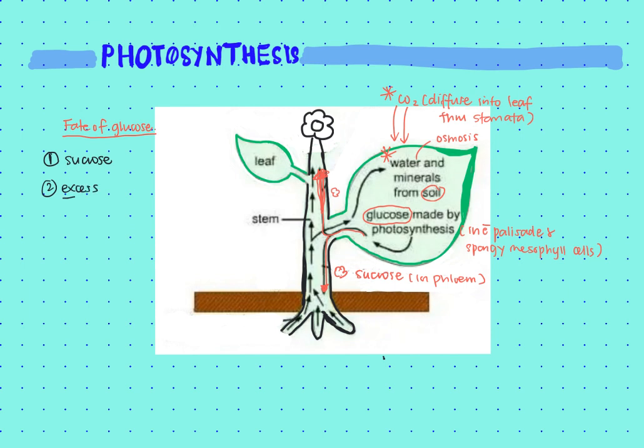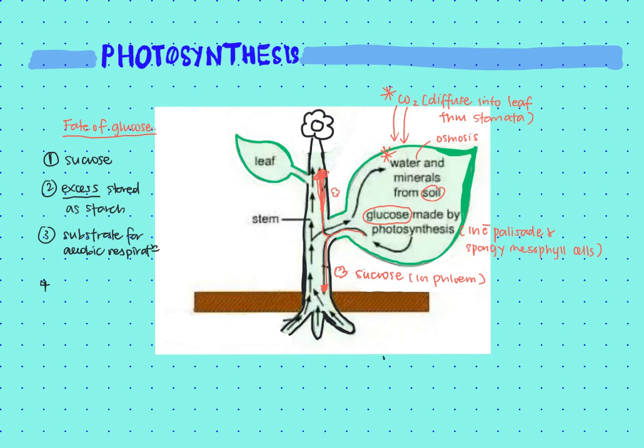Excess glucose stored as starch. Actually, the very important one is that glucose is a substrate for aerobic respiration, to release energy for some processes like active transport.